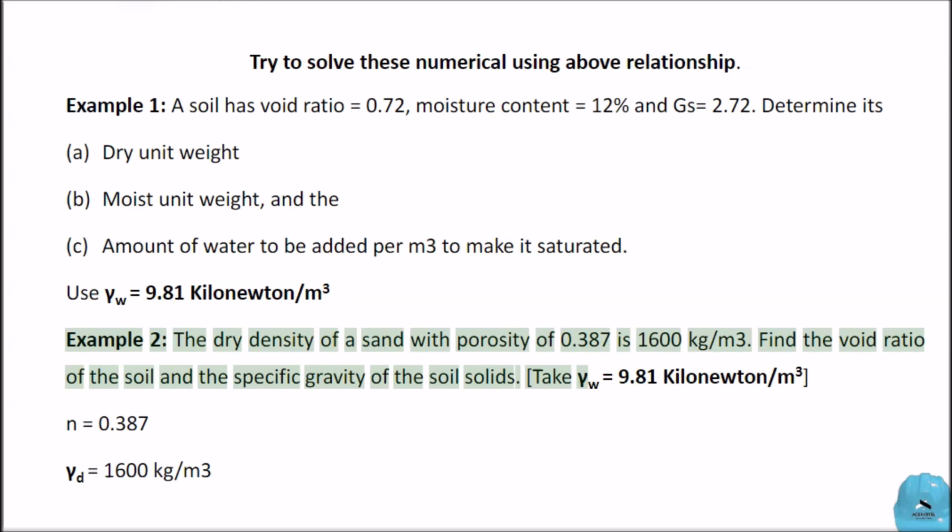Find the void ratio of the soil and the specific gravity of the soil solid state. γw equals 9.81 kN/m3. n equals 0.387. ρd equals 1600 kg/m3.